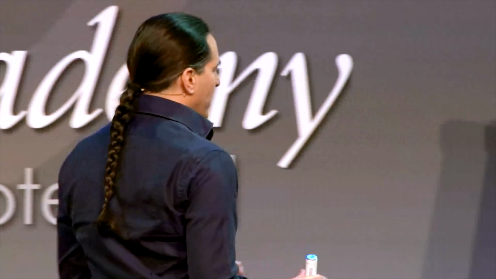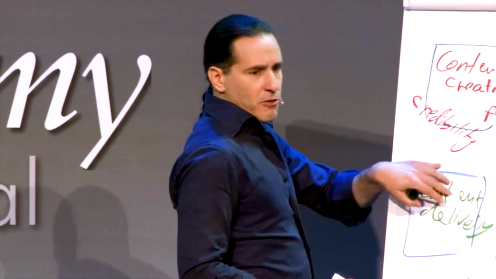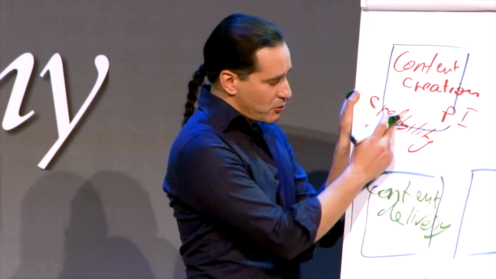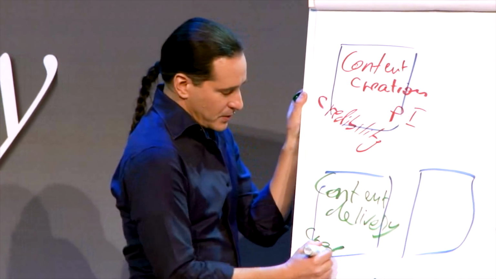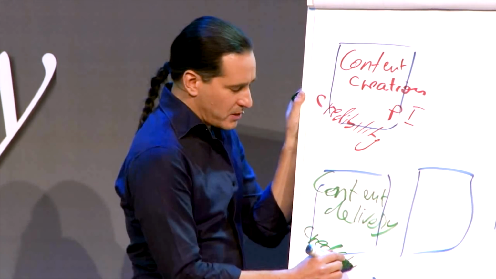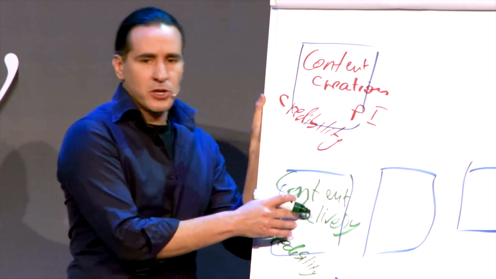Now, surprisingly enough, if you use that the right way, you're going to increase your credibility tenfold. You're going to create a lot more credibility when you're in this block or in this stage of your expert business. A lot more credibility, a lot more expert position, and a lot more authority.